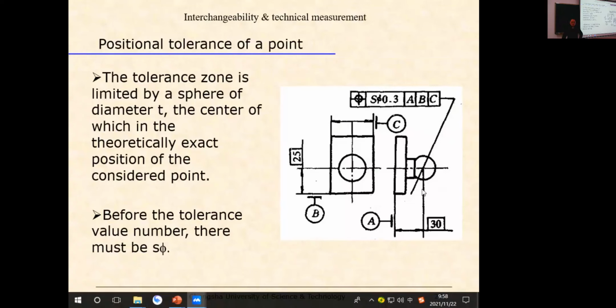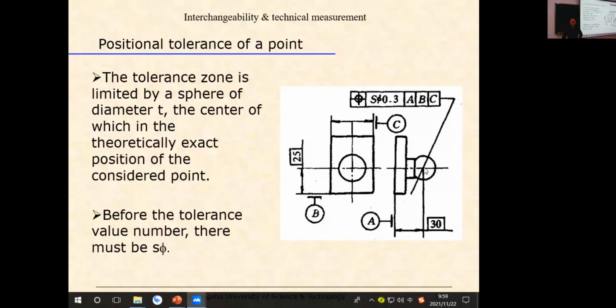This position is relative to datum A, which is 30 millimeter. Its dimension 30 millimeter is to this surface. This point to this surface is 30 millimeter, and to this surface, datum B, is 25 millimeter, and this is C. C is the axis.